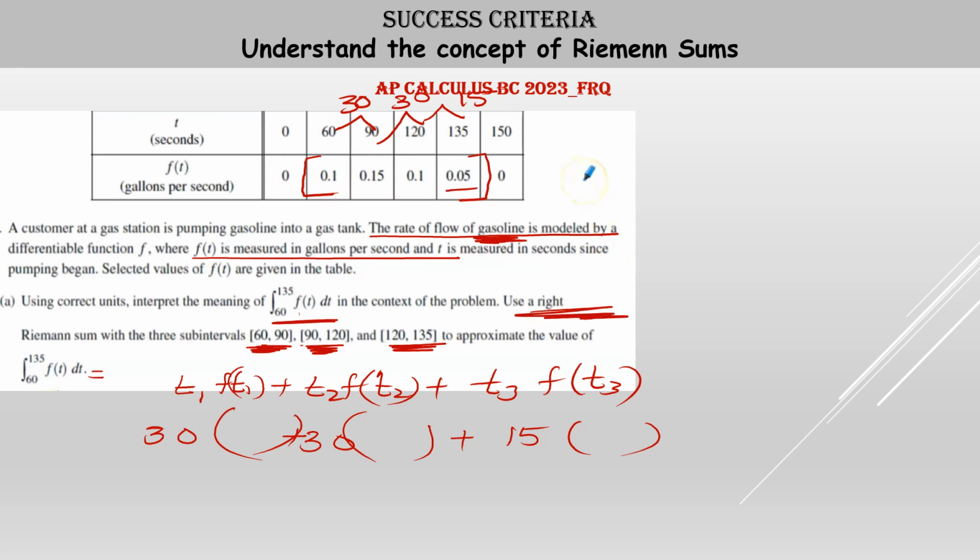Right Riemann sum means you will go like this: you will leave the first value and you will use the last 3 values. So the first value is 0.15 because you are going to leave this value. So you will write 0.15, 0.1 and 0.05. This is how you will calculate.